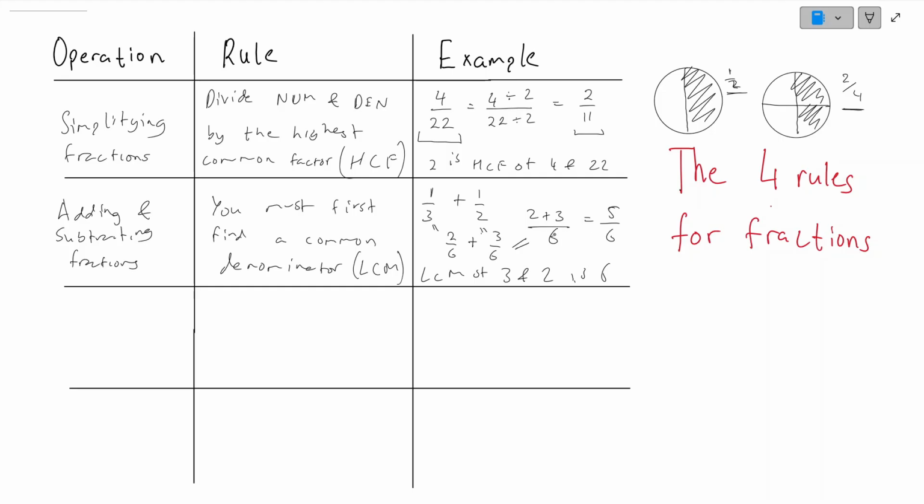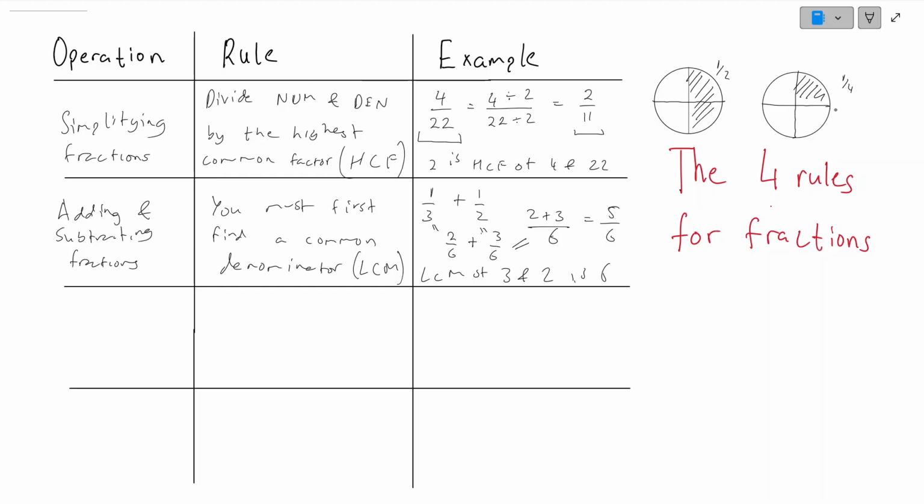And the reason for doing that, again, let's go to the example of the pizza. Suppose we want to add up 1 over 2, which is this fraction right here, with 1 over 4, which is this fraction right here. In order to add them up, we need to first represent this first pizza in terms of 4 pieces as well.